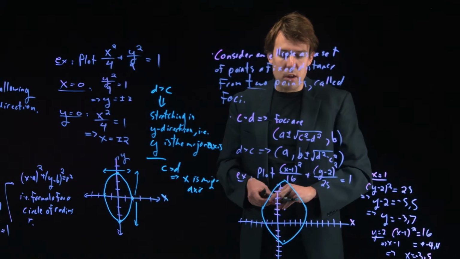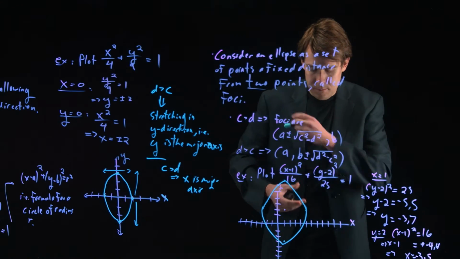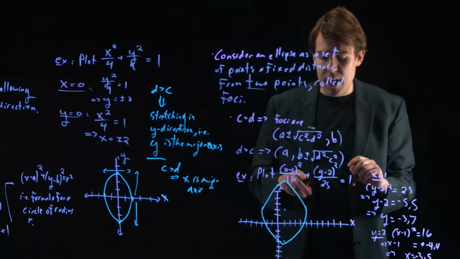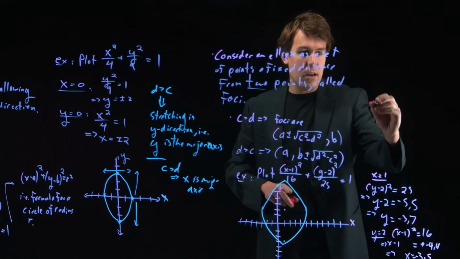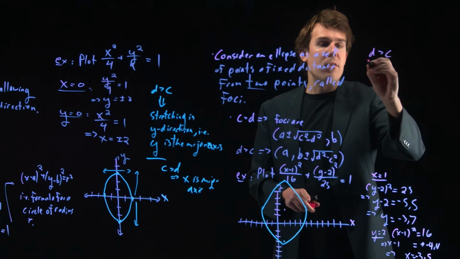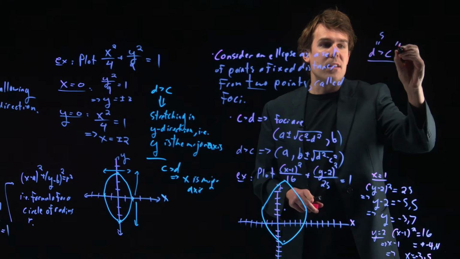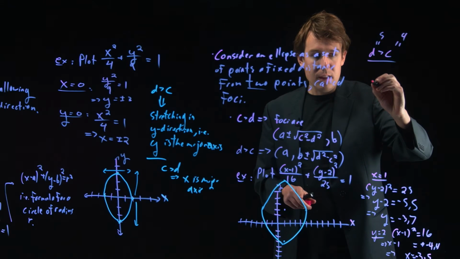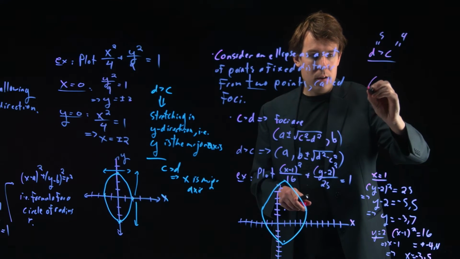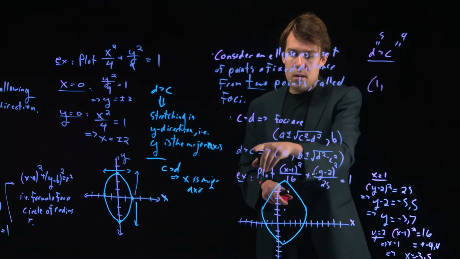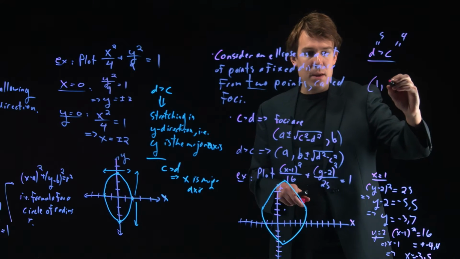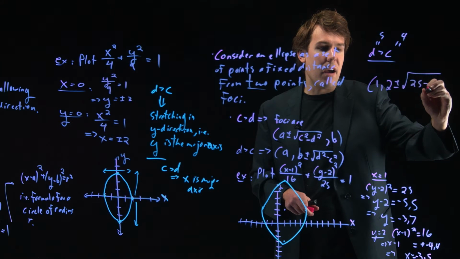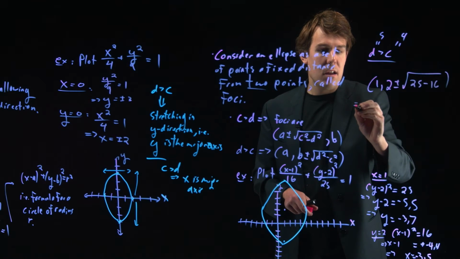Now, we can also compute the foci. So in this case, what is bigger, d or c? So d is greater than c here because this is 5 and this is 4. So our foci will be a, which is 1, and then b, which is 2, plus and minus the square root of 25 minus 16.